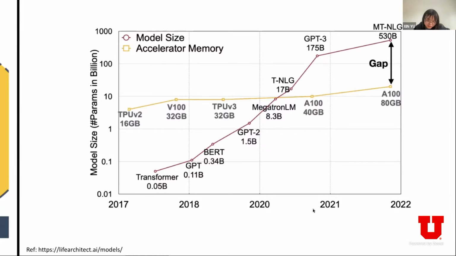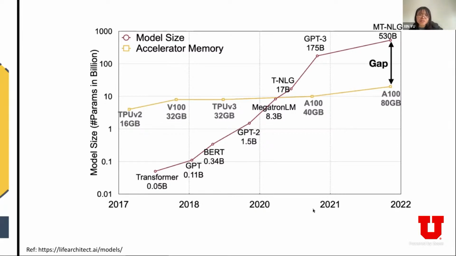Yeah, so actually there are two curves, right? The purple one is the increase of the model size. It indicates how many parameters one large language model has. The largest one currently has about 500 billion parameters.